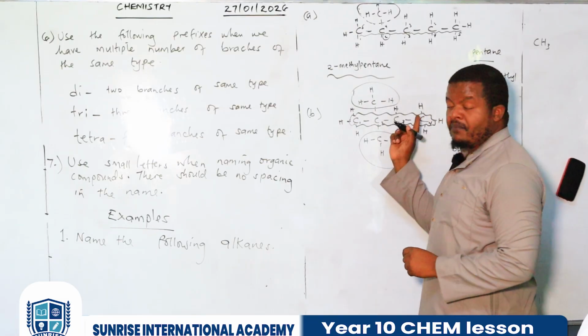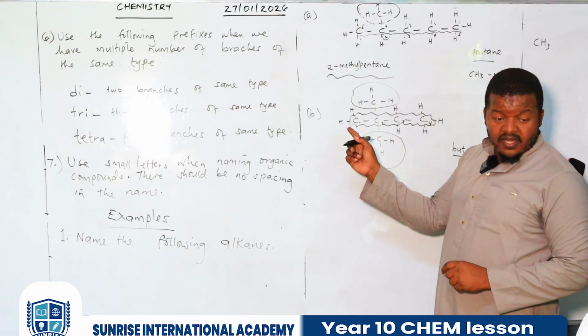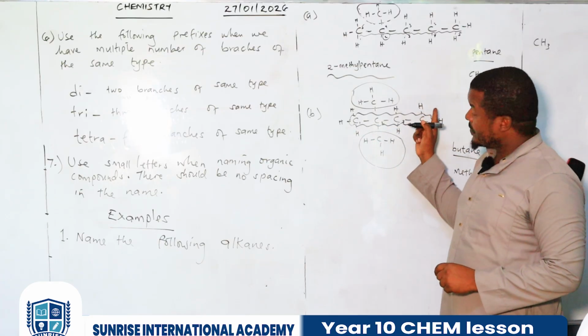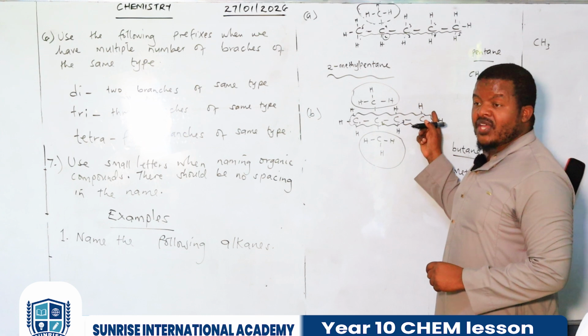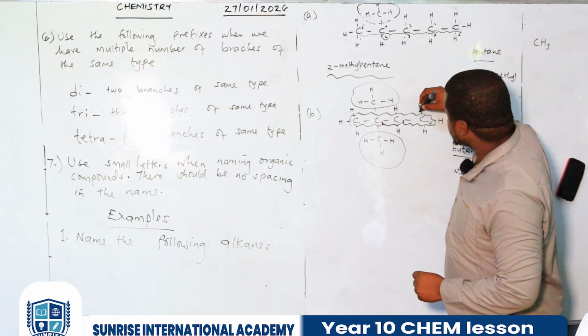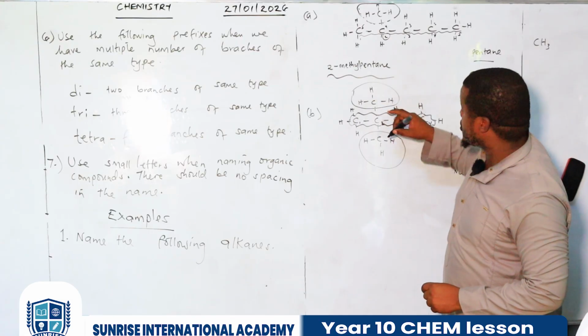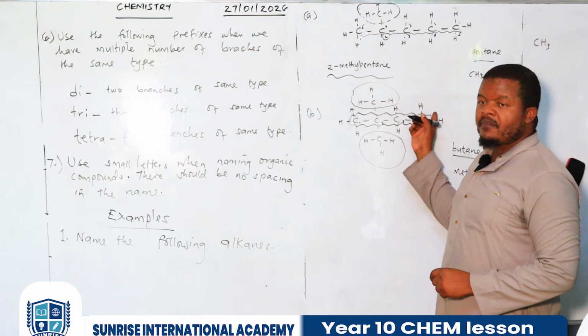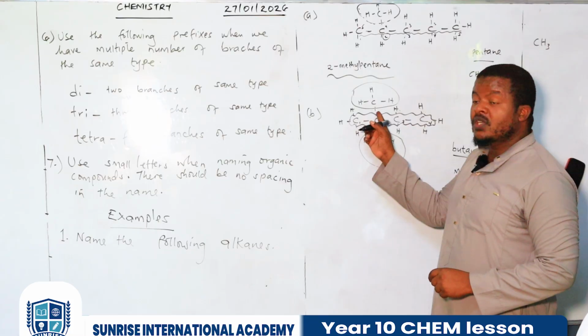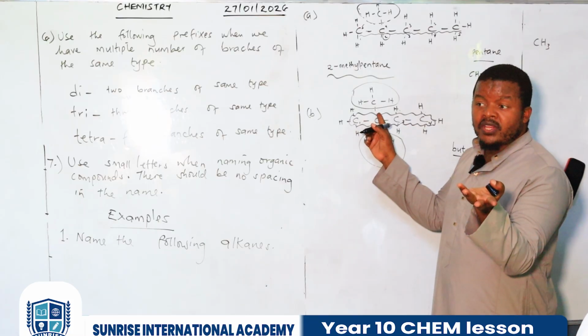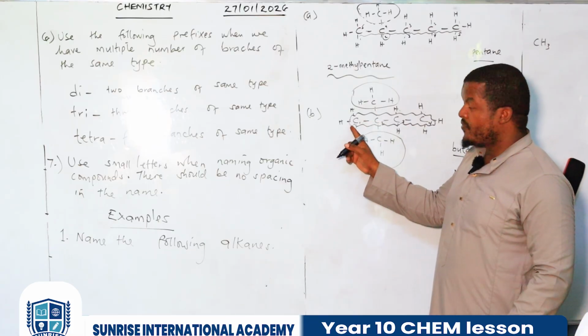But if we number the longest continuous chain from the right-hand side, 1, 2, 3, the branches will be at carbon number 3. So we cannot number from the right, because the right will give us the biggest number on the locant carbon. So we number from this side.